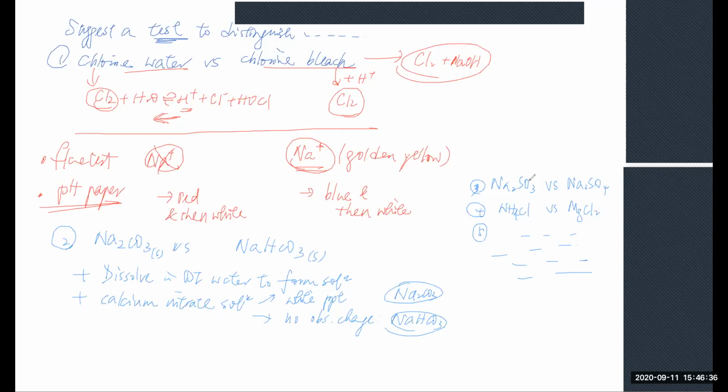But for chlorine water, I must admit that the solubility of chlorine in water is not so large when you compare it with chlorine bleach. According to the nature of chlorine, it is an acidic gas. If you compare the solubility in water or in alkaline, of course it will be more soluble in alkaline.